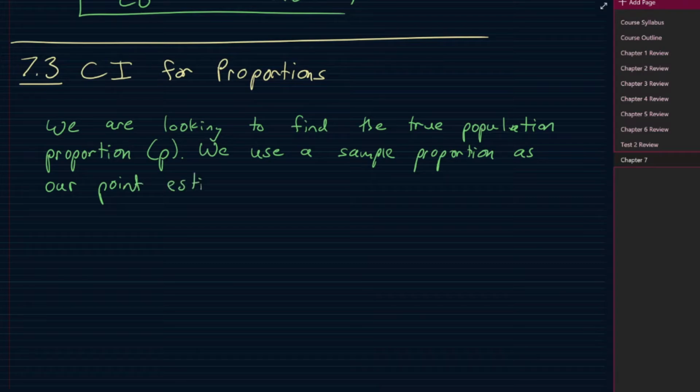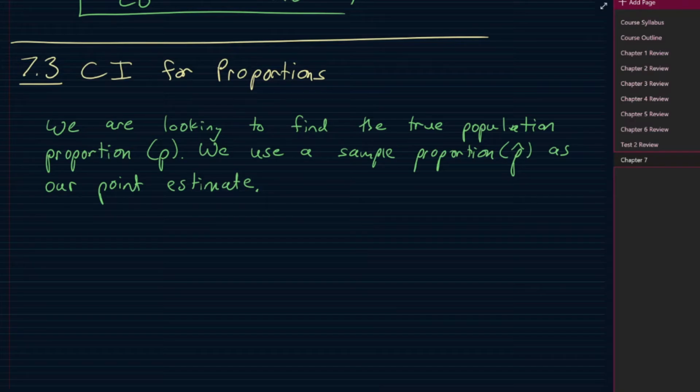And then we're going to add and subtract some margin of error, like we normally do with confidence intervals. And the sample proportion, that's called P hat. So we're looking for P. We use a sample proportion, P hat, to try to gain some insight about the population proportion.